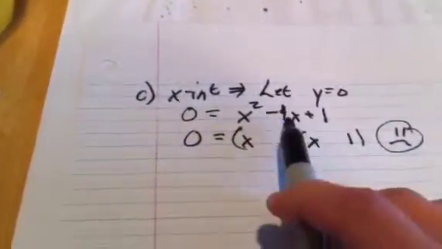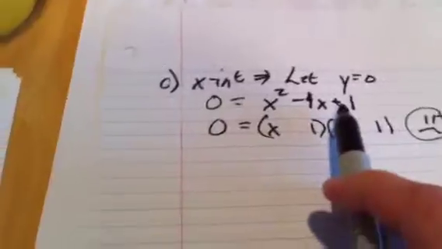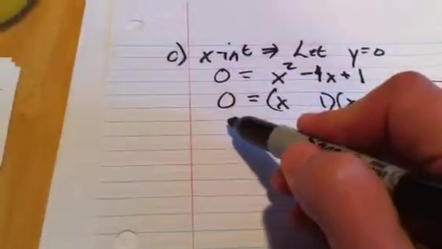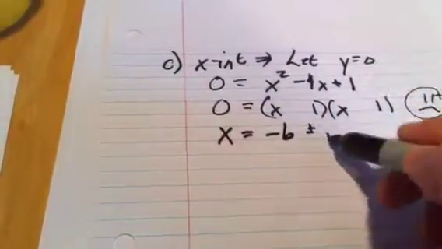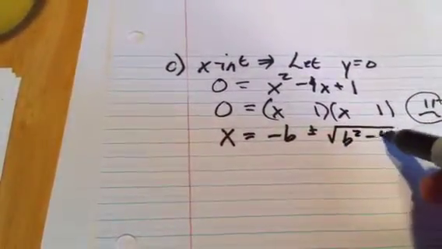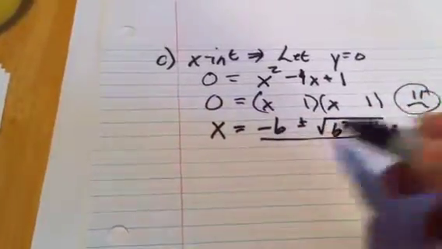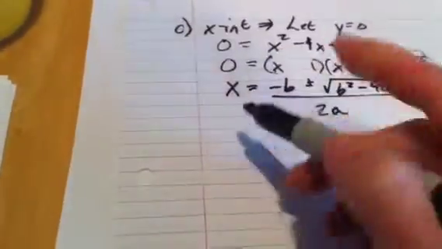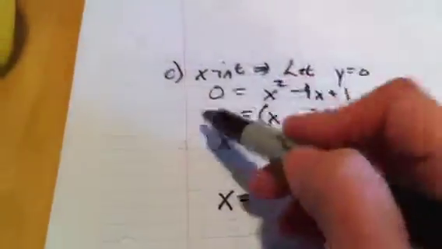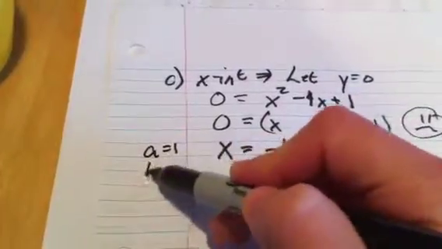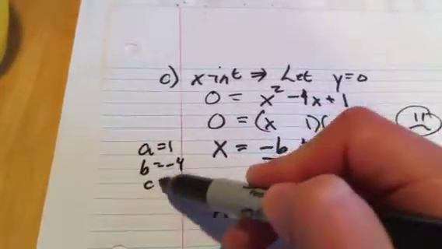I can't find anything that'll multiply to make 1 that'll add to negative 4, so sad. If a quadratic equation doesn't factor, we have to use the quadratic formula. So that's x equals negative b plus or minus the square root of b squared minus 4ac all over 2a. So I'm going to say x equals, remember, a was 1, b was negative 4, and c was 1.